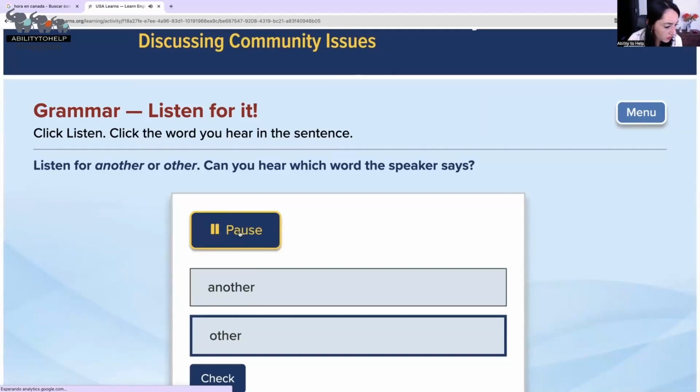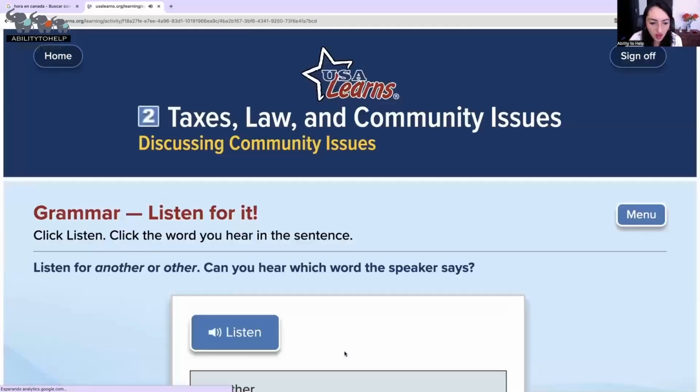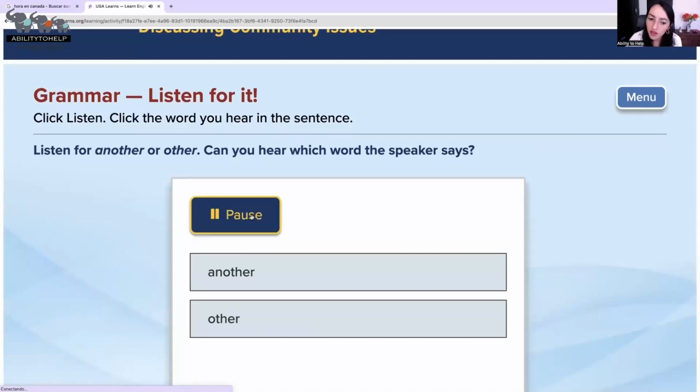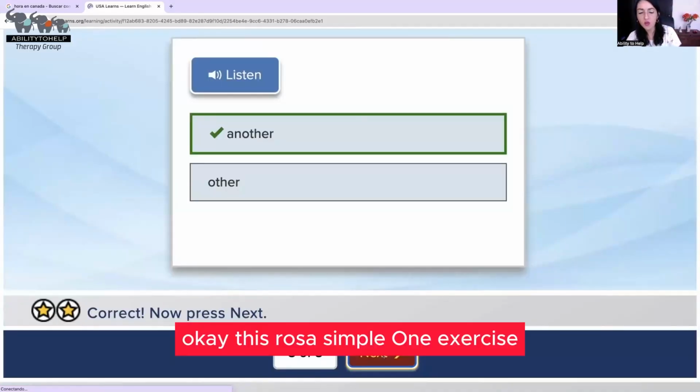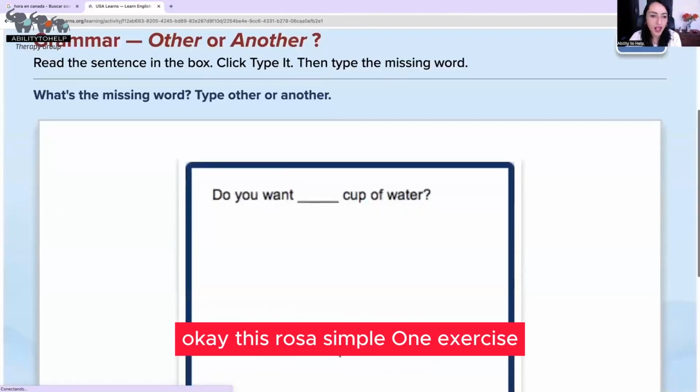Other. Hey guys, can you believe I'm getting another ticket for selling lemonade? Another ticket.